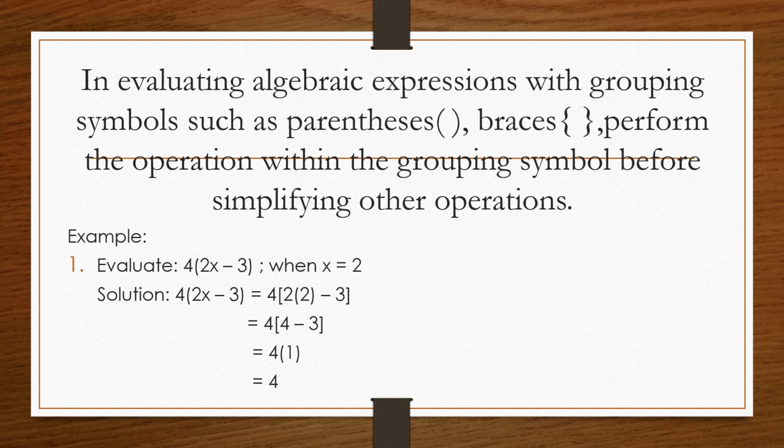For the solution, 4 times quantity 2x minus 3 equals 4 times, then this is the symbol for grouping. So, 2 times 2 minus 3. 2 times 2 is 4, minus 3, that is 1. So times 4, then the final answer is 4.